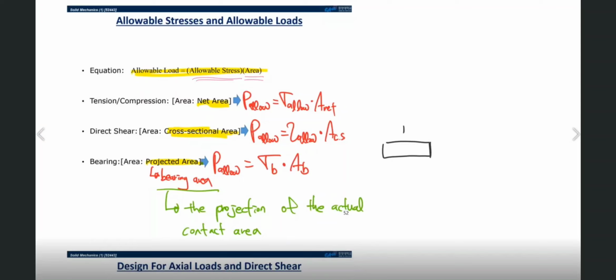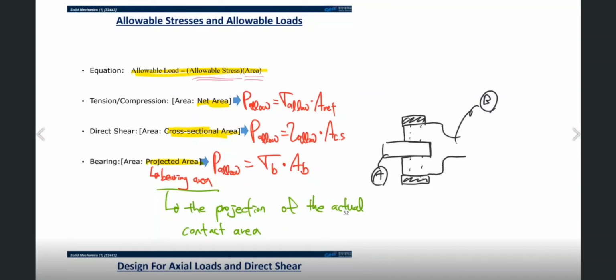The hanger is fixed to the clip angle by a specific bolt. Alright, so this is object A, the hanger, and this is object B, the clip angle.